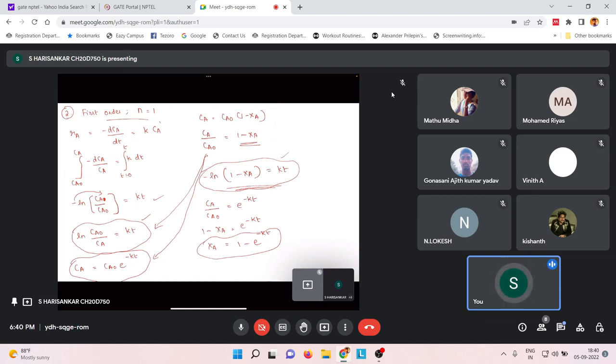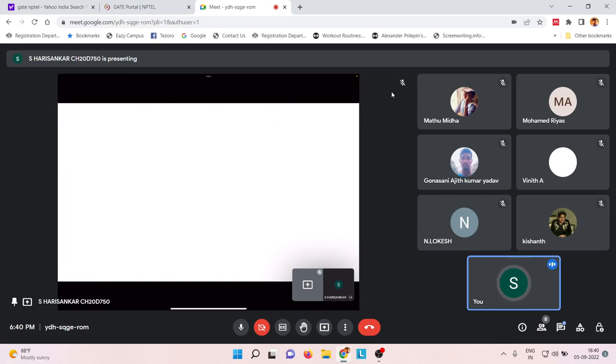So yeah, this is for the first order. And if you want to go into multiple orders, or like let's say the second order, so here n is equal to 2. Same thing again, minus Ra is equal to minus dCA by dt is equal to k Ca square. So, minus dCA by dt by Ca square is equal to k dt.